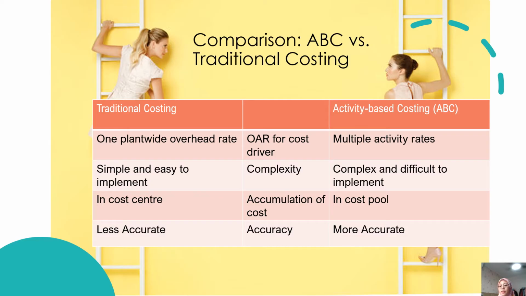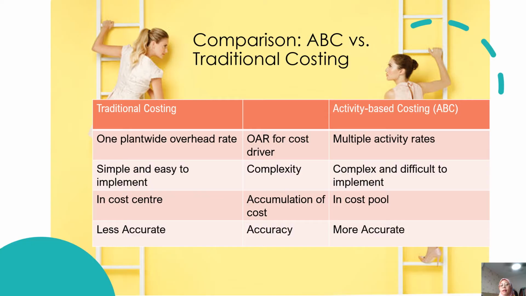Whereas in activity-based costing, all the costs will be pulled together based on cost driver. What kind of driver drives the cost to be incurred determines what will be accumulated. All the costs will be accumulated together, and we call it a cost pool.